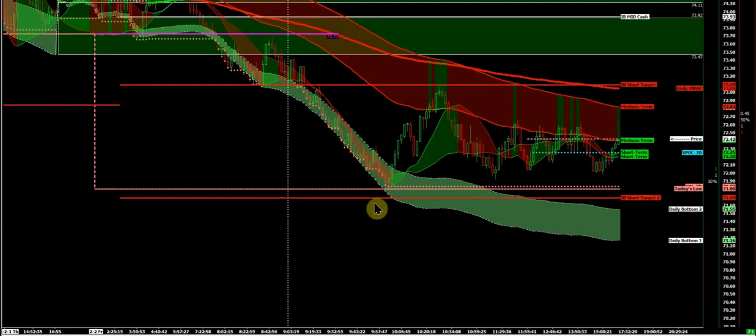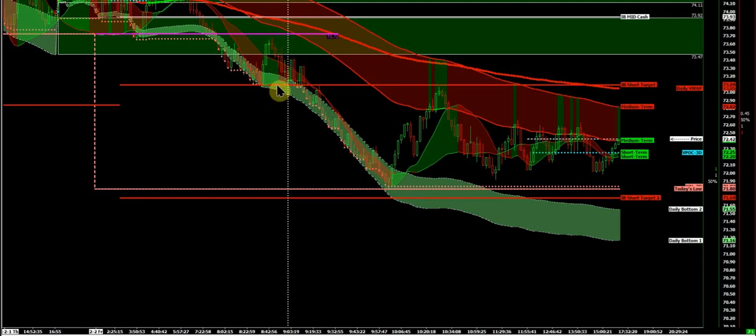Okay, now we've broken out of this bottom cloud, and we broke out of the short-term cloud here, but didn't go anywhere. We were looking for that 73.72 for a short continuation. Now we start fiddling around. See what the short-term cloud did right here: we popped back up and then came down.